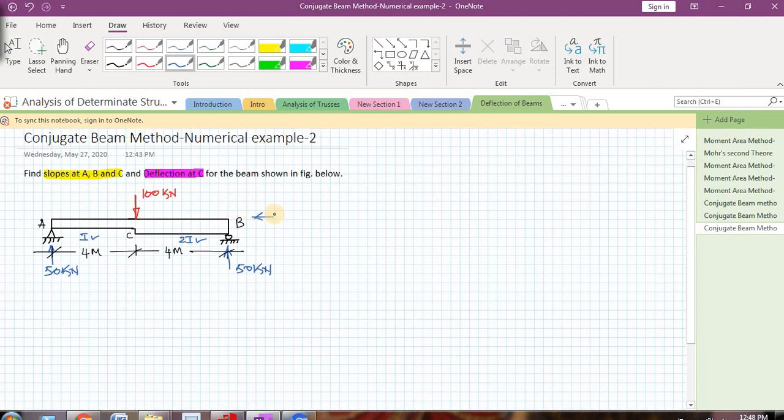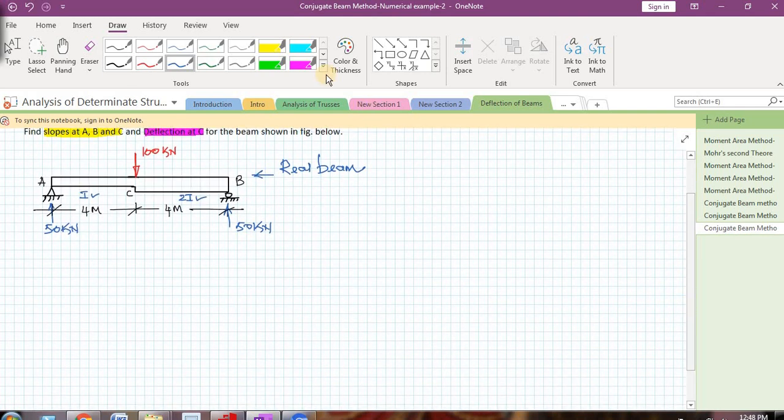Now at present this is the real beam. Now I need to draw something called a conjugate beam. So first let me draw that. Okay, now I have drawn this conjugate beam here. I will name this as conjugate beam.